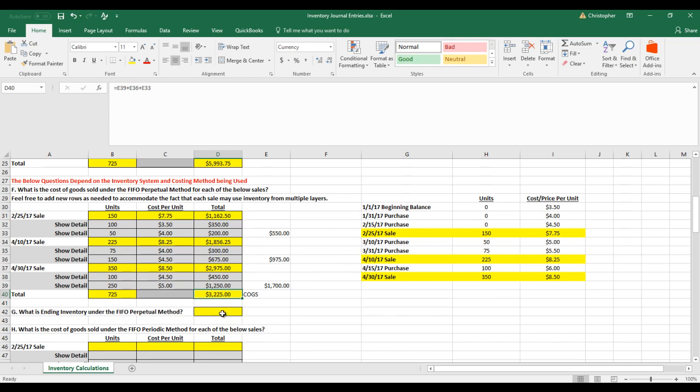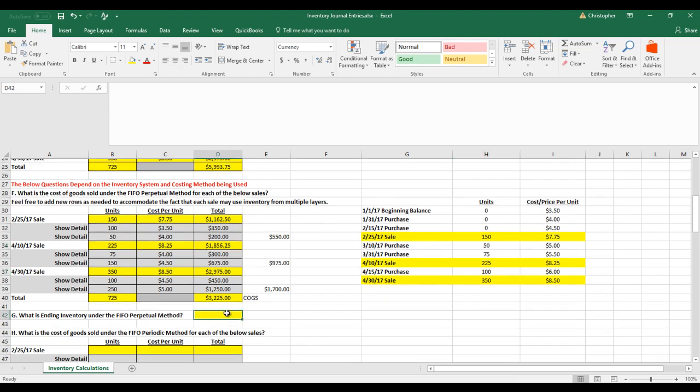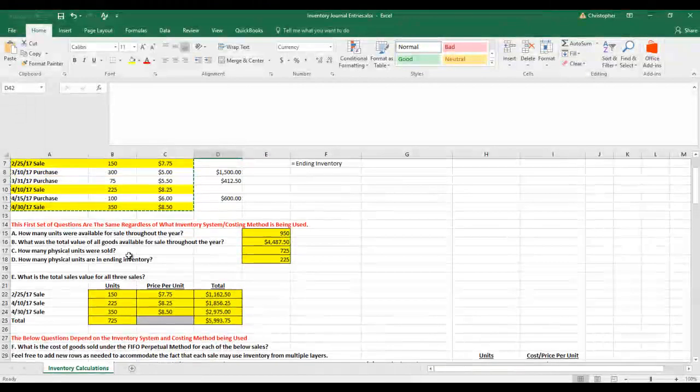So with ending inventory, we have a couple of different ways of doing this. First of all, let's take a look at the quantity. We add the layers we have left. We don't include the sales, just the 3 layers we have left. It's 225 units left. So let's go back up above. It said how many physical units are in ending inventory.